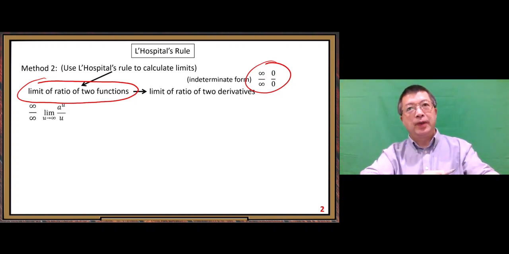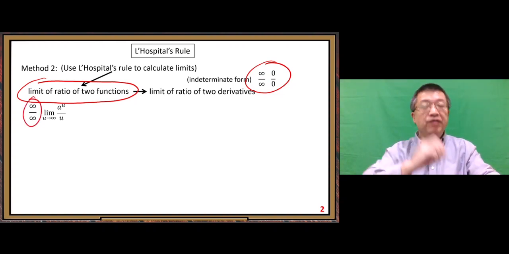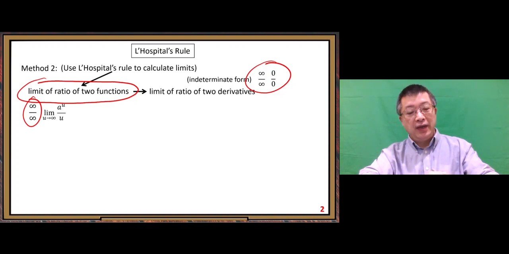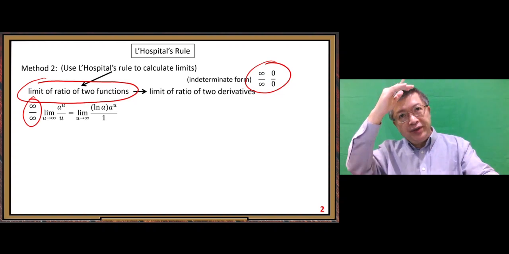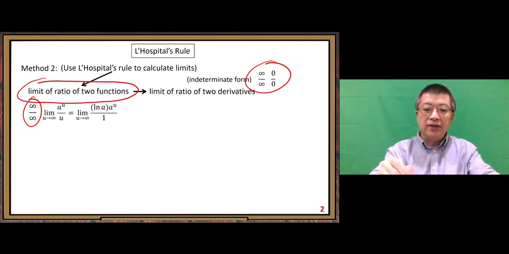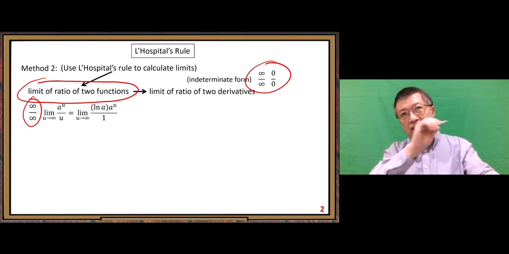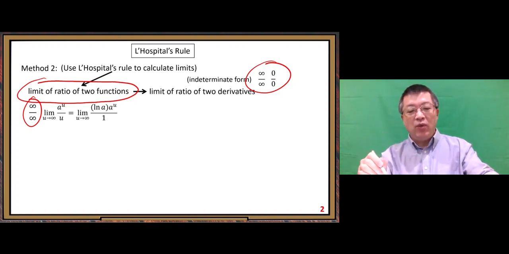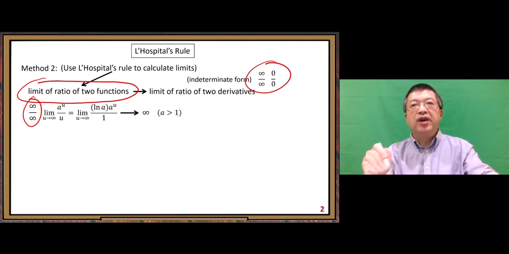Now we can check it is infinity over infinity form. Then by L'Hopital's rule, we take the derivative of the numerator, that is log n times a to the u. Denominator 1, right? Now we can see when u goes to infinity, it is infinity. Because a is greater than 1.